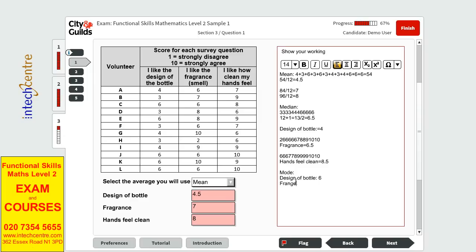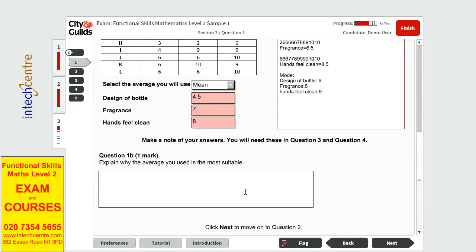Fragrance, we have again the 6 because it's the most popular. And then we have hands feel clean, for which we have 4 nines, so we will use that as our modal value.